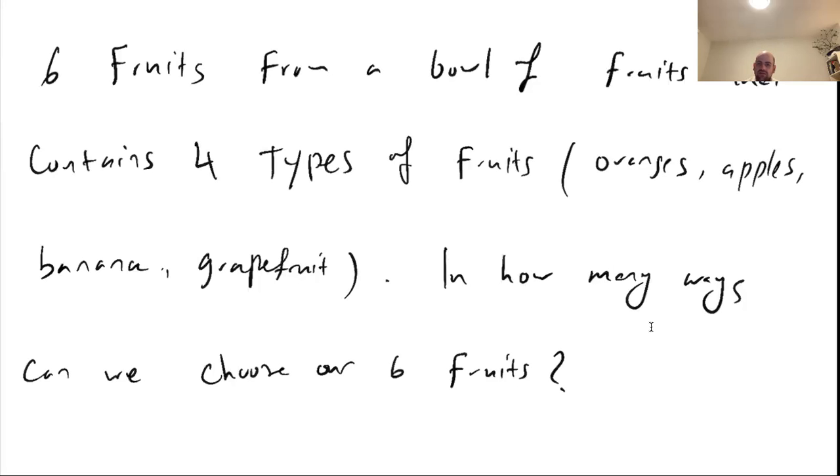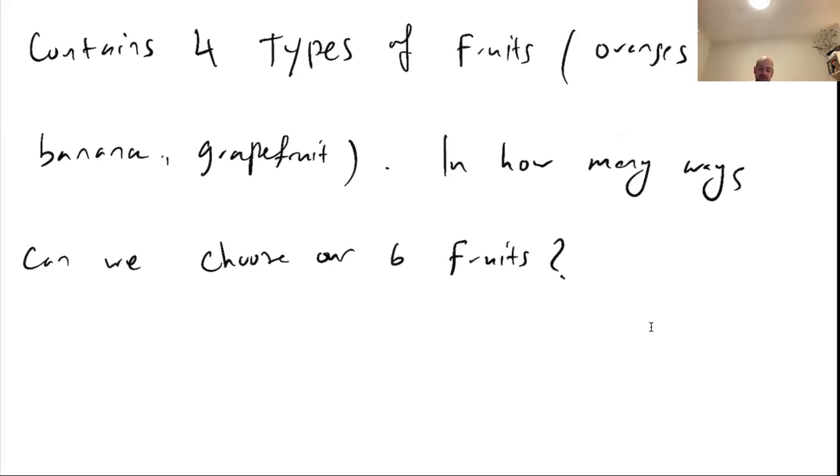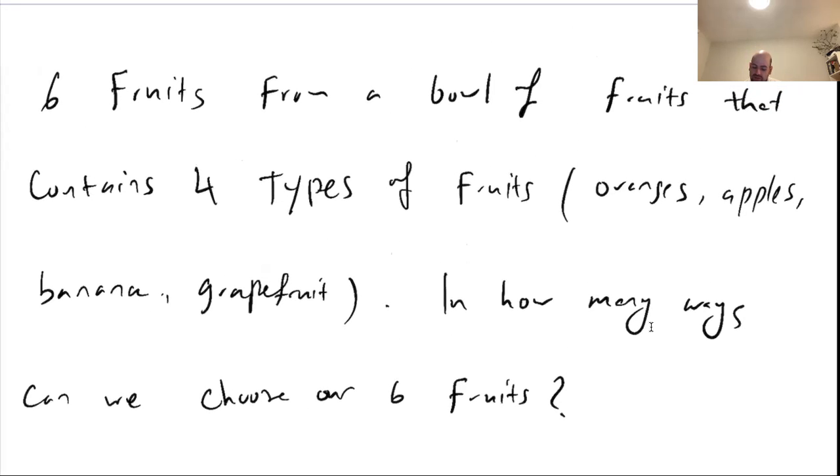So I can have repeated oranges or repeated apples here. So how can I find the total number of ways to choose 6 fruits out of a bowl of fruits which contains 4 types: oranges, apples, bananas, and grapefruits?